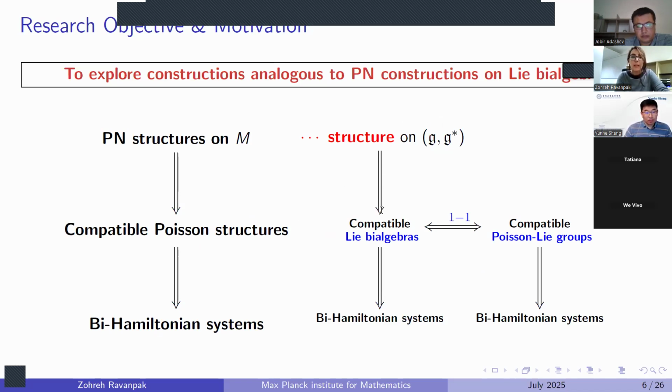So using that, I produce compatible Lie bialgebra. And since they are in one-to-one correspondence with compatible Poisson Lie groups, and both are important in bihamiltonian system, this construction can be very interesting.